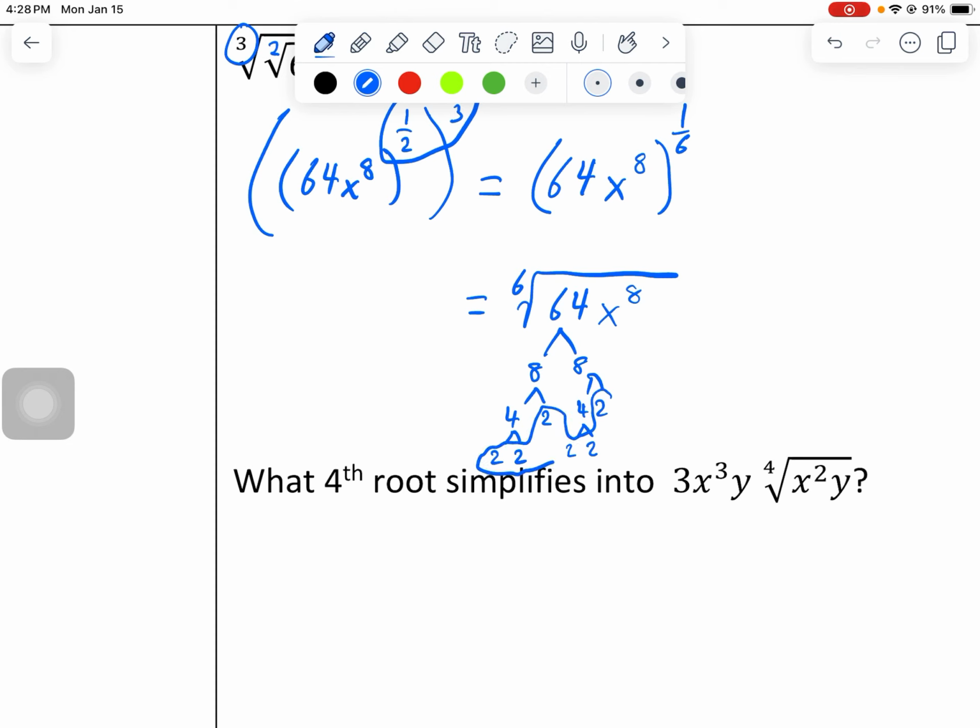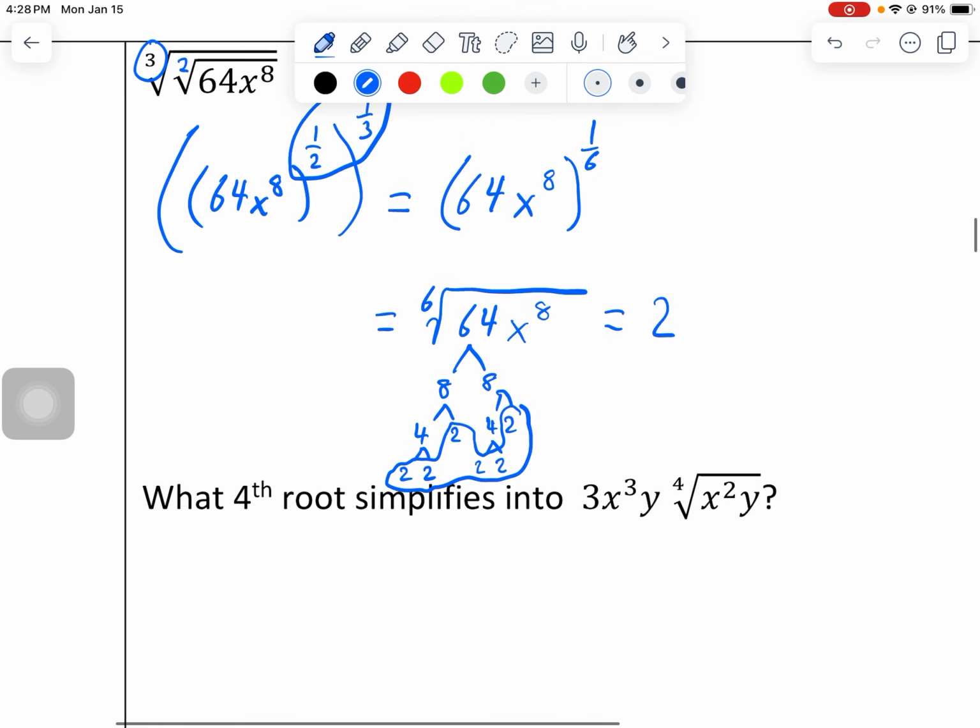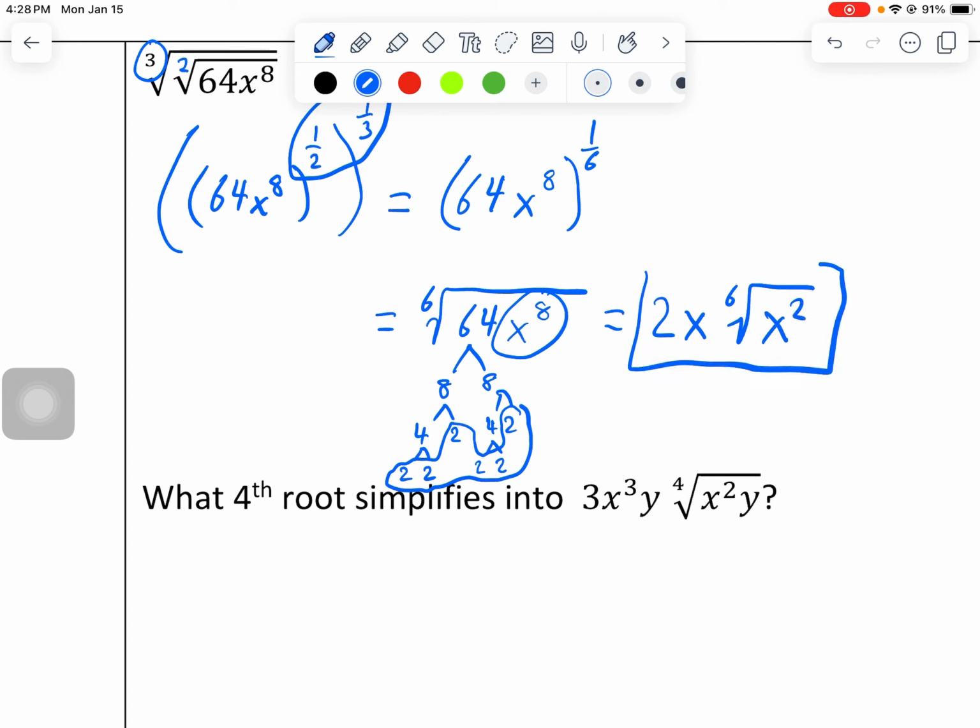So 64 is actually a perfect 6th power because I can take out a whole group of 2's. So I would get 2. And then the other thing I note is it's x to the 8th. If I were to take 8 and split it into groups of 6, I could get one whole group and I'd have 2 left over. So then inside of the square root, I would still have x squared. So this would be our answer.